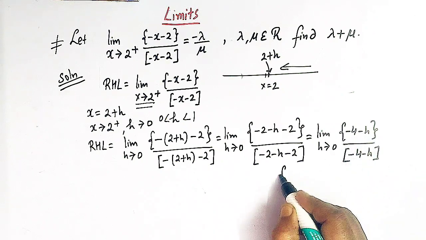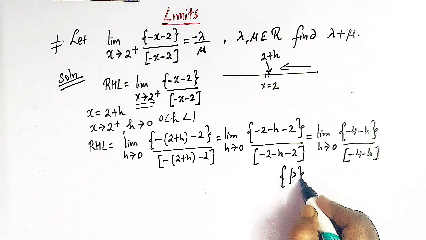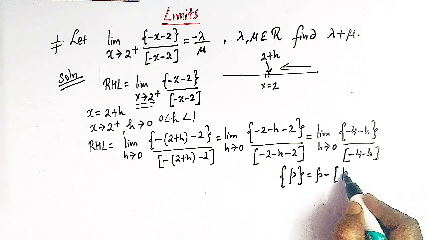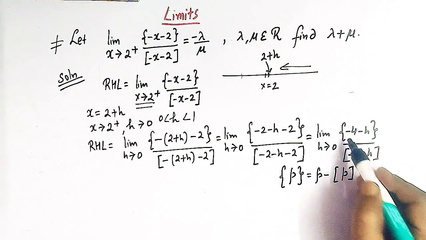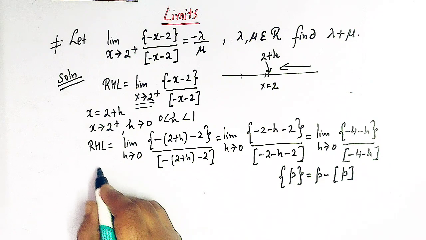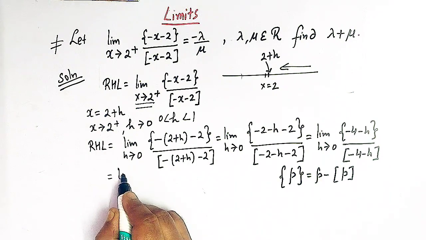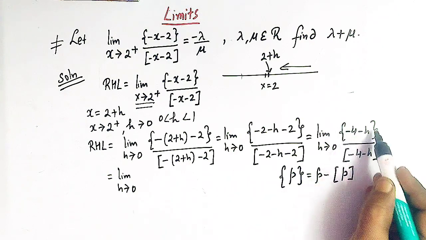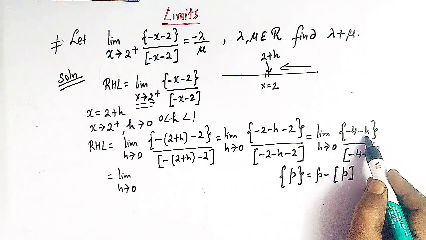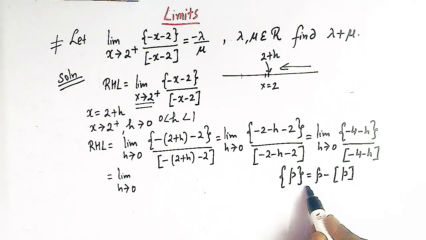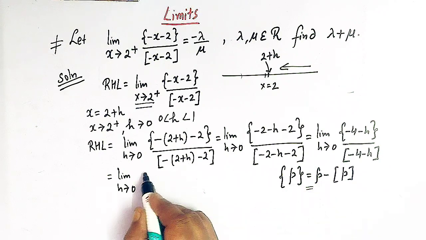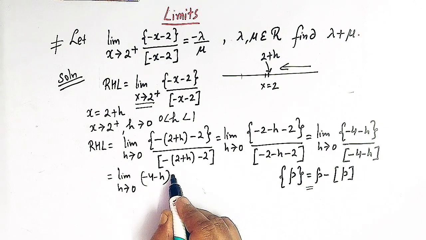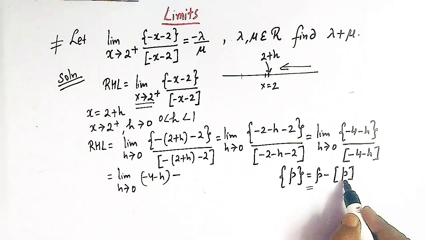So the fractional part of, say, p is defined as p minus greatest integer of p, right? So now we can write this limit as limit h tends to 0, and here the fractional part of minus 4 minus h can be written with the help of this result, that is minus 4 minus h, and then we have minus greatest integer of p.